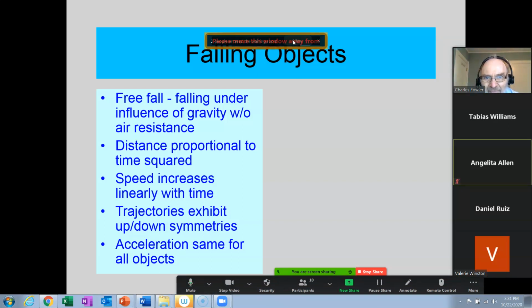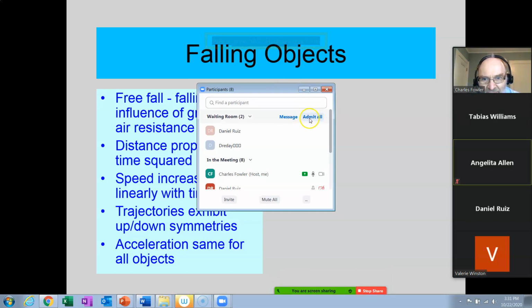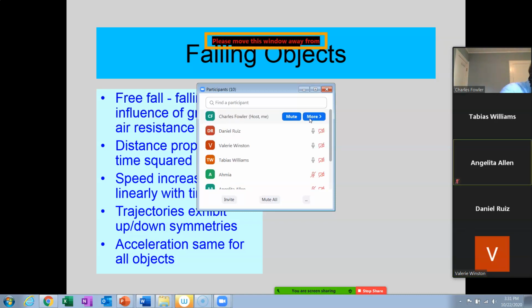Okay, 2 people are waiting. Let me get them in. Oh, Daniel must have gone back out. And Dre is here. So Daniel's coming back, Dre's coming in, and we are recording. I had marked Dre present when Valerie came in, so now I've marked Valerie present when Dre came in, and Daniel was already in, and I've got him.